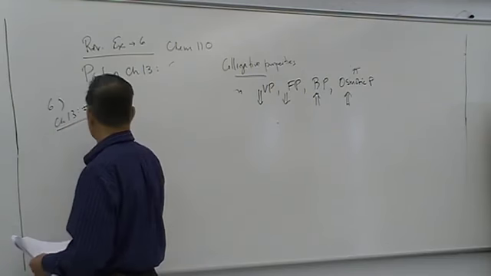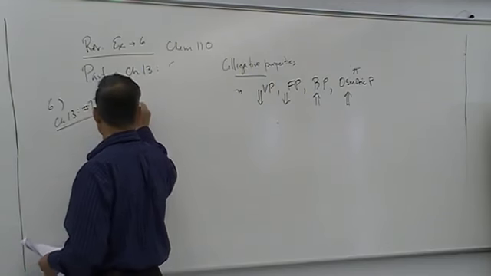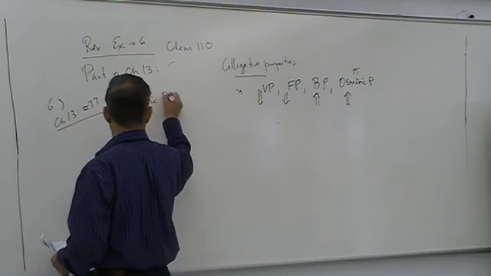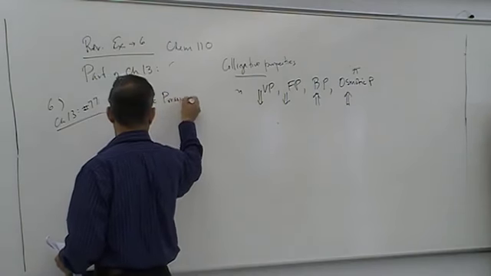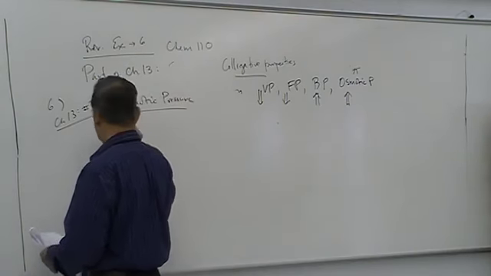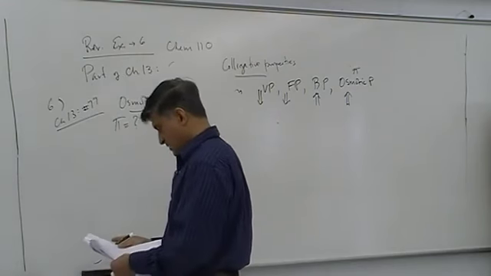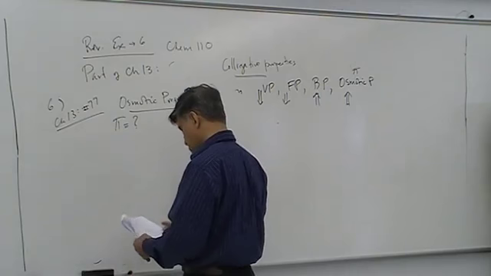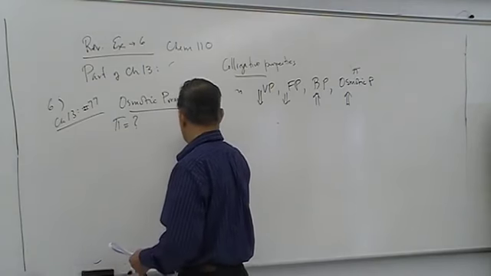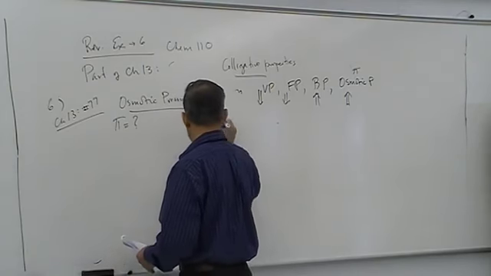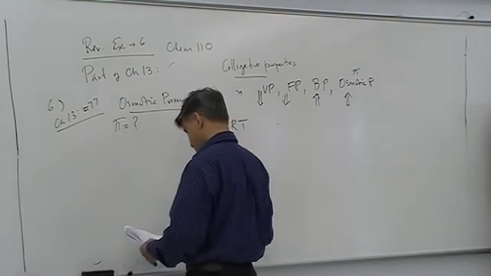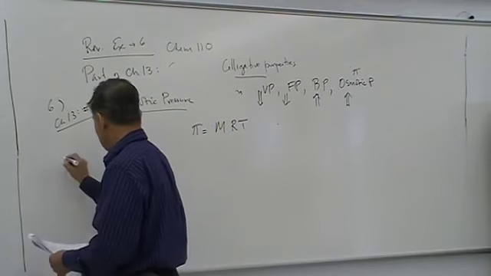Question is, what is the osmotic pressure in a solution? So we are going to get pi equals what? Now this is the equation you're going to use. Osmotic pressure equals molarity times RT.